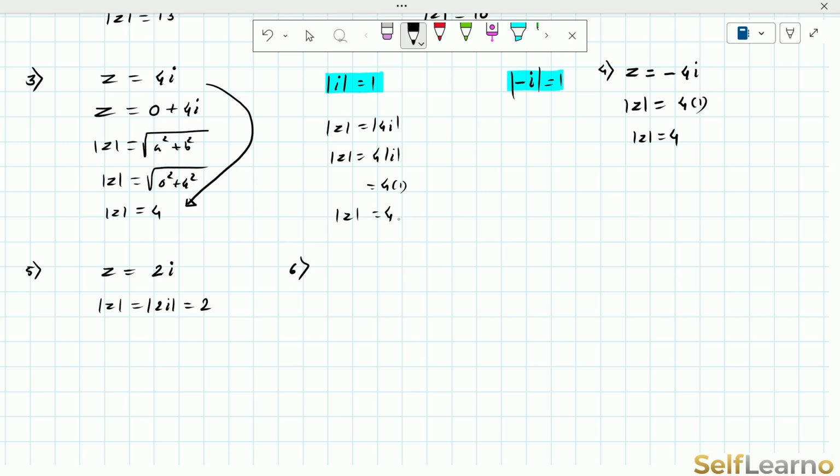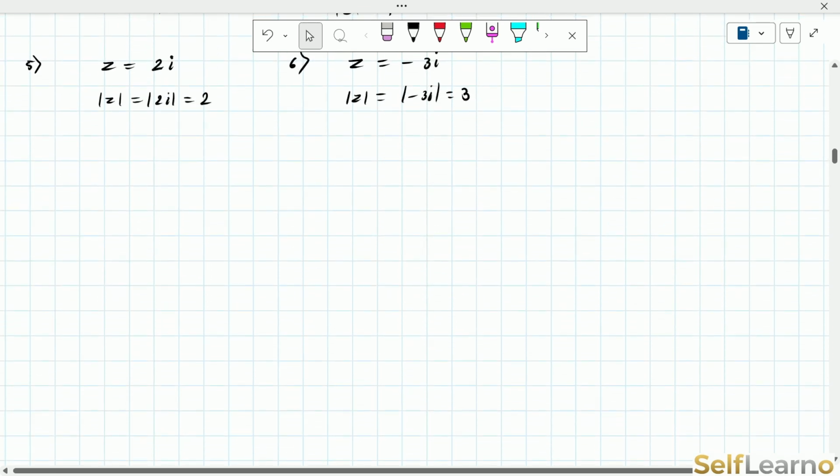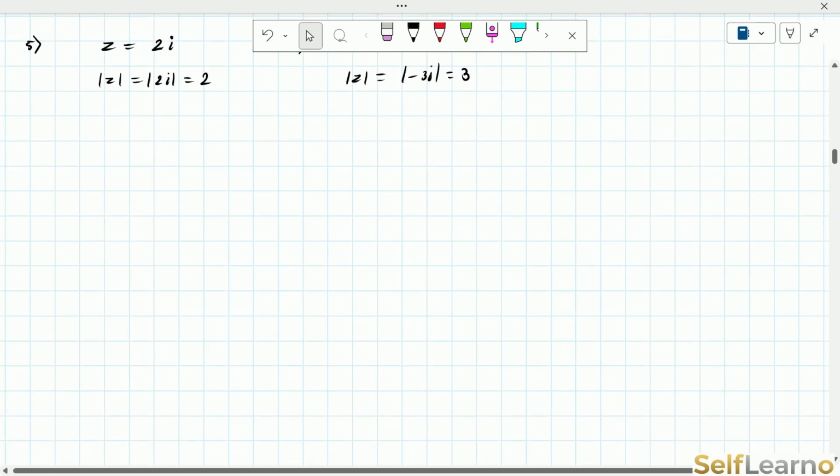Even whenever you get a negative number in front of you like negative 3i, modulus of z is modulus of negative 3i, and that is nothing but 3. Modulus of i is 1 and modulus of negative i is also 1. Great.